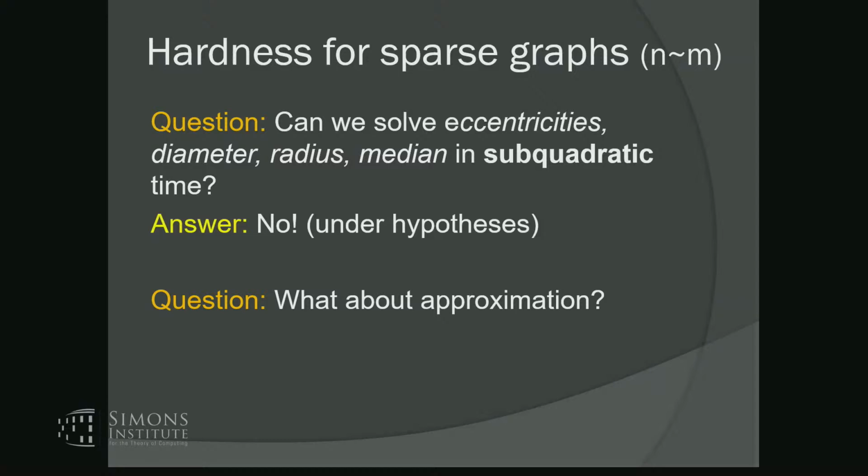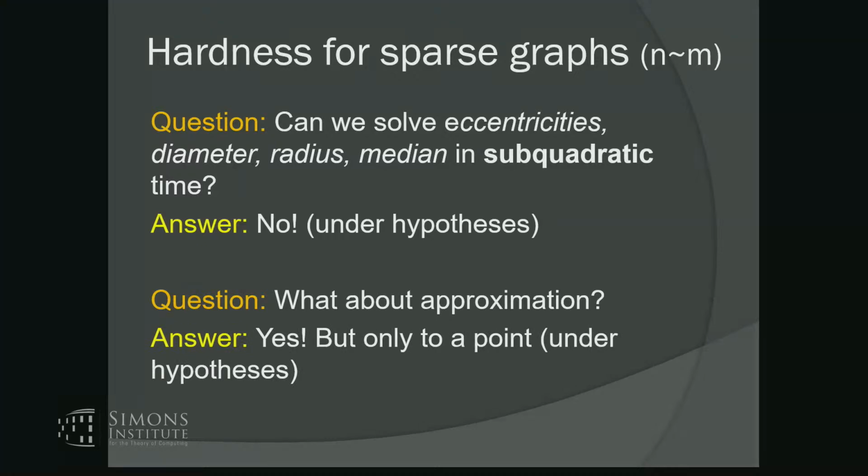What if we only care about returning a solution that's within, let's say, a factor of 2 of the true diameter, for example? And it turns out the answer is yes. You can get some very interesting subquadratic approximation algorithms here, but it only works up to a point. And you can also show conditional lower bounds that say, under some hypotheses, you can't get anything better than a particular accuracy of approximation.